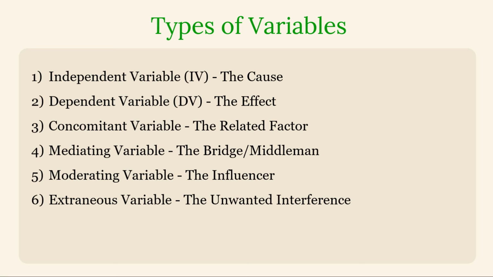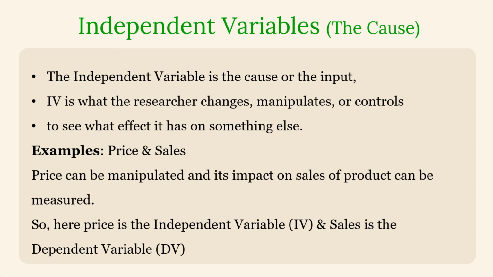And lastly is the extraneous variable. This is that variable which may produce an unwanted impact on the dependent variable. So our inference or outcome of the study may become wrong, and hence it is important for the researcher to control such extraneous variables. Let us discuss all these types of variables one by one, starting with the independent variable.